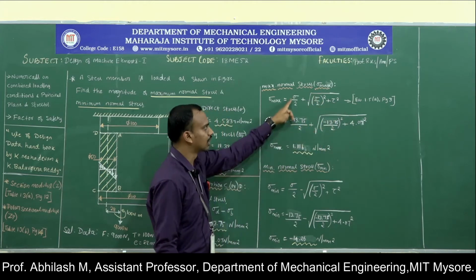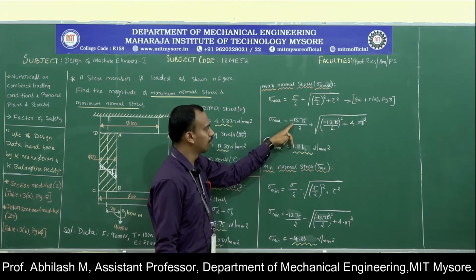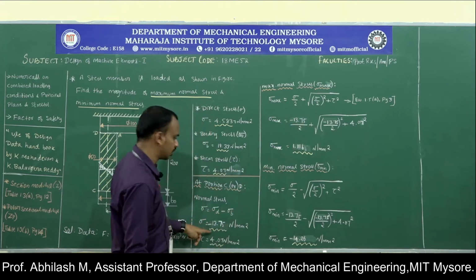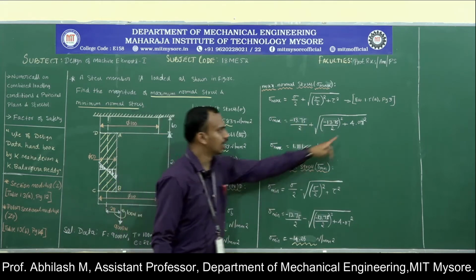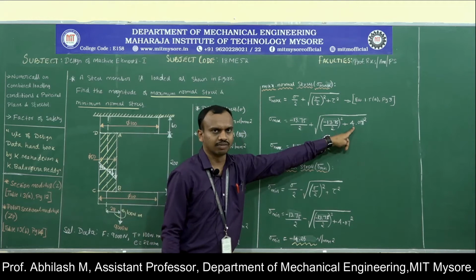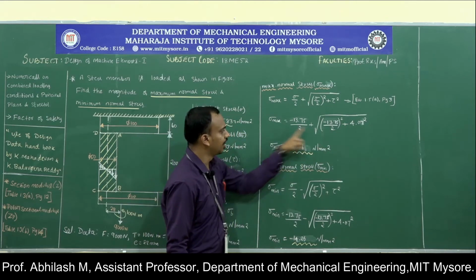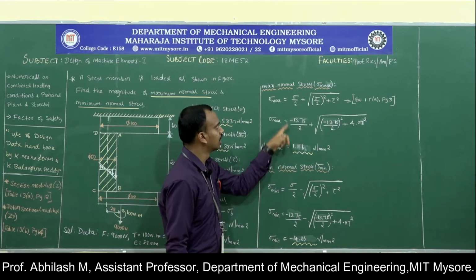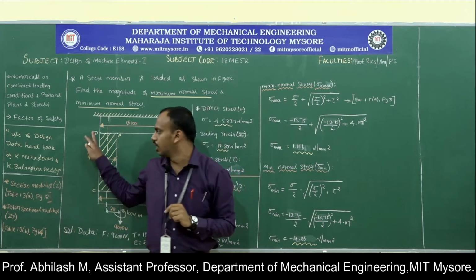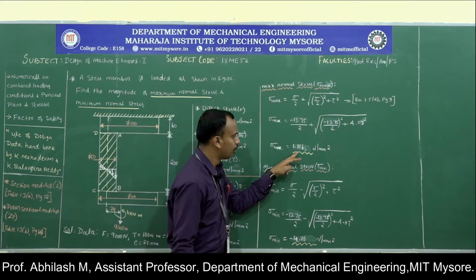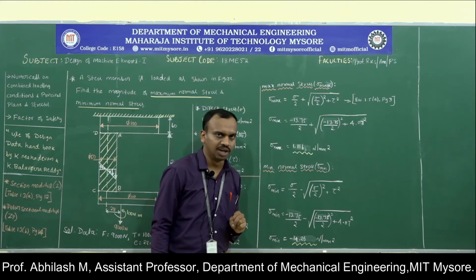Substituting the value of sigma, which is minus 13.75, just now we have calculated the value, and the tau value is 4.07. And substituting, we are going to get the maximum normal stress at the portion C or D will be equal to 1.11 Newton per millimeter square.